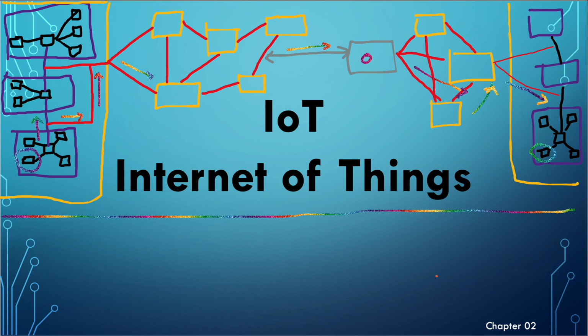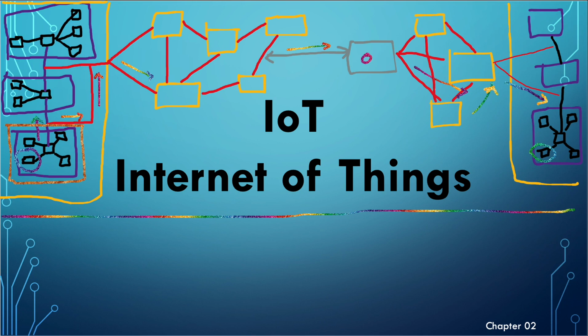When we talk about components that build an IoT, we are talking about the components that are needed to build an embedded IoT device. Everything starts from that particular point.